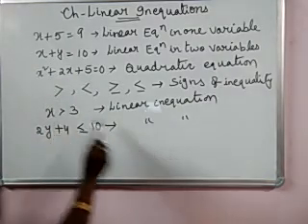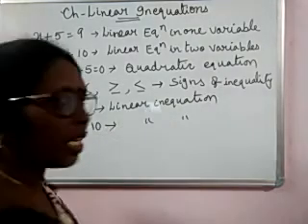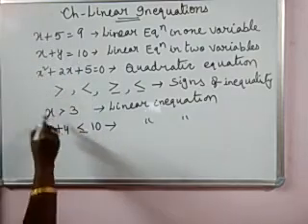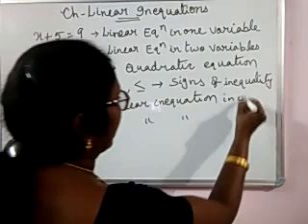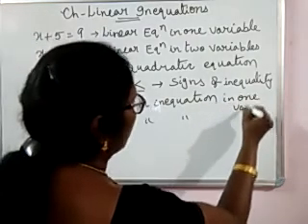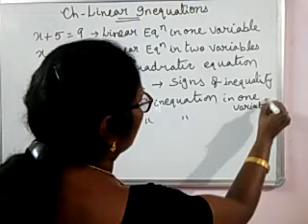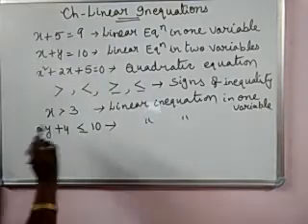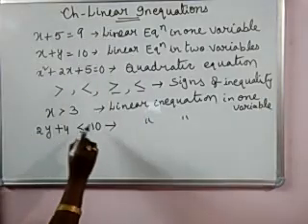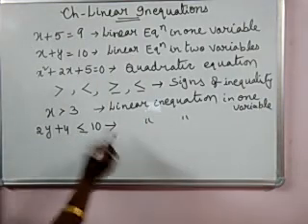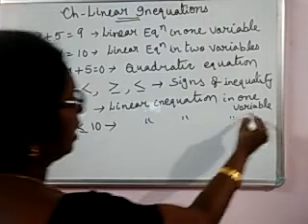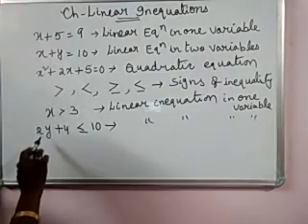This is said to be a linear inequation in one variable. Same way, 2y plus 4 is less than or equal to 10 is also a linear inequation in one variable. Here also only one variable y is there.